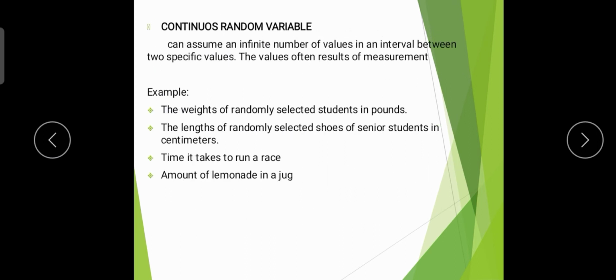A continuous random variable can assume an infinite number of values in an interval between two specific values. The values are often results of measurement. For example, the weights of randomly selected students in pounds. So, ang continuous random variable, it is the result of measurements.